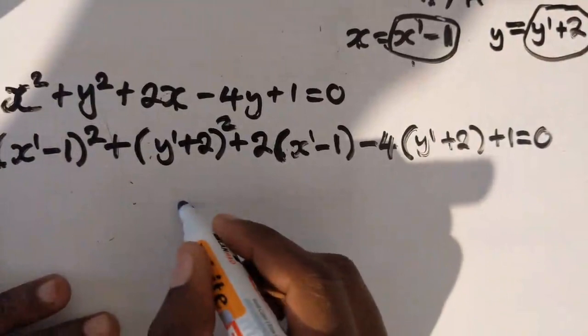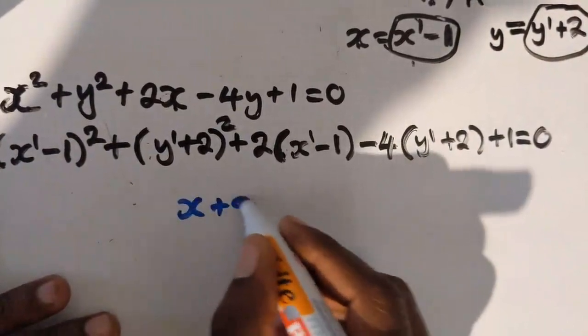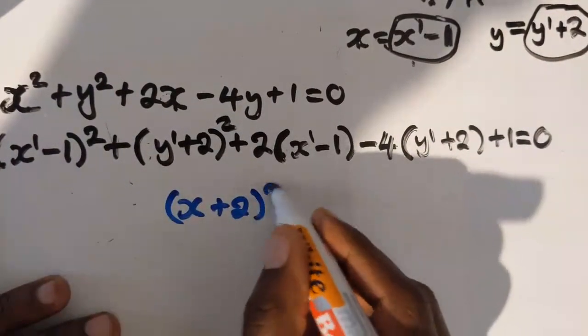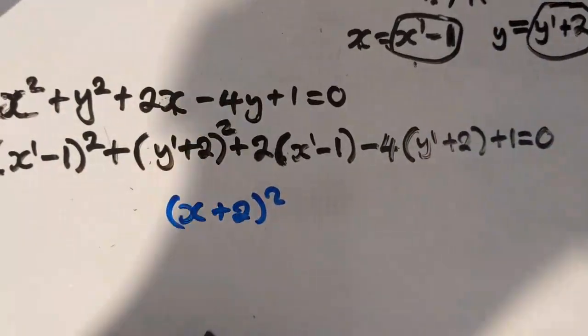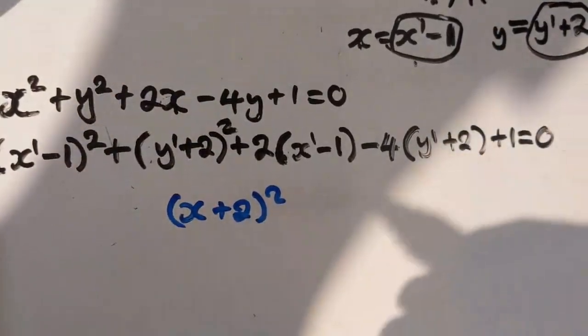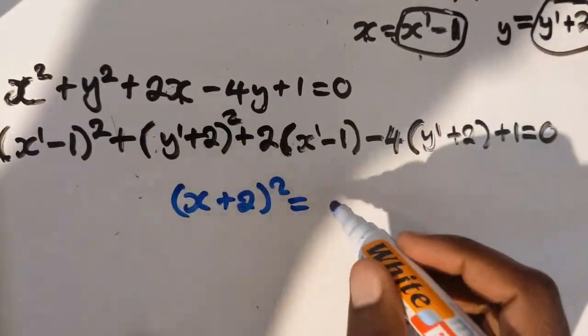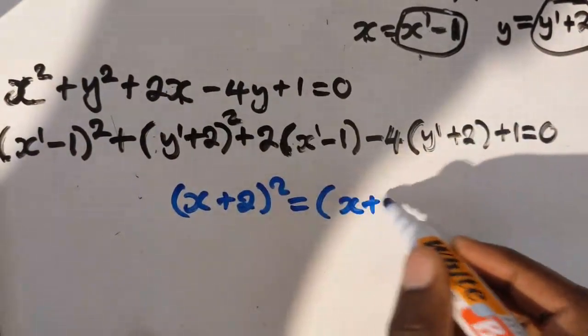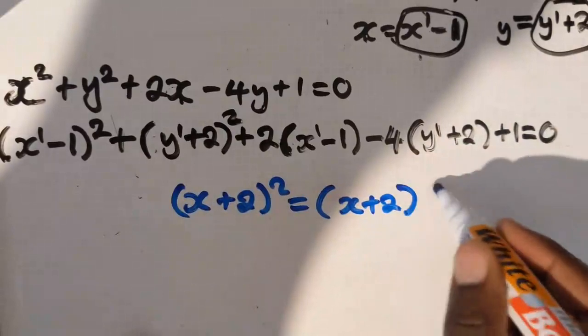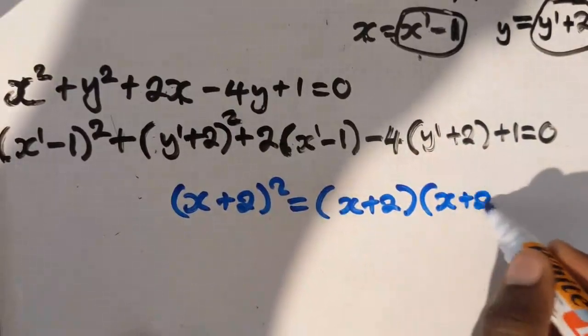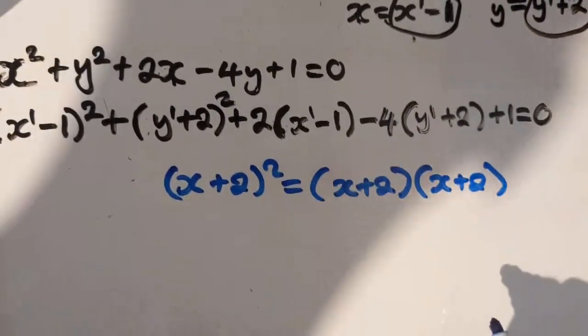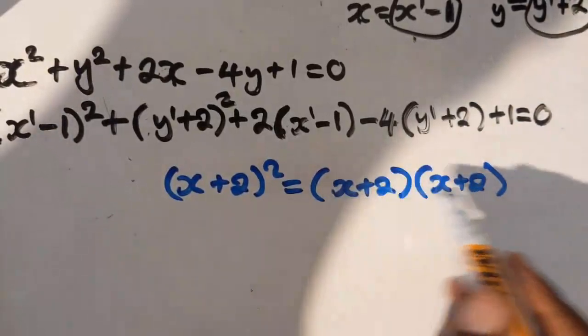When you want to expand it, I think what you are thinking is that this is just the same as x plus 2 times x plus 2, right? That is the formula that you use, and you start multiplying that.